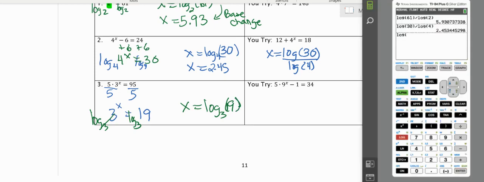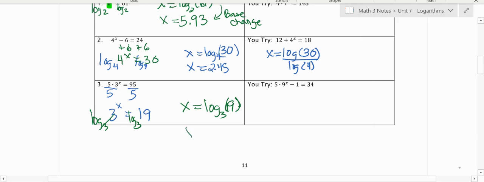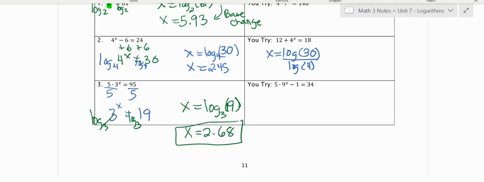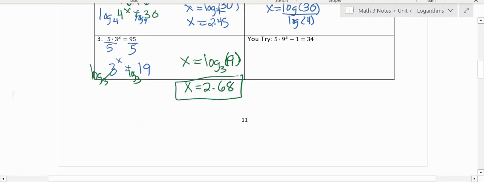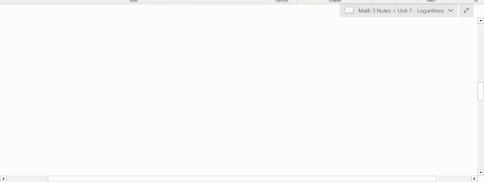You would say the log of 19 divided by the log of 3, and then it would be 2.68. And that would be it. The solving is very similar to what we saw. It's just an extra step you need to do.